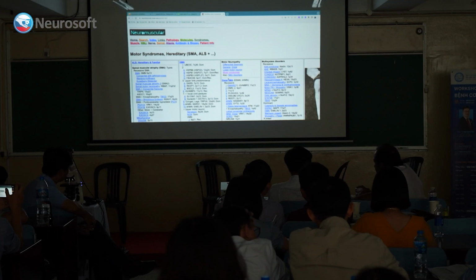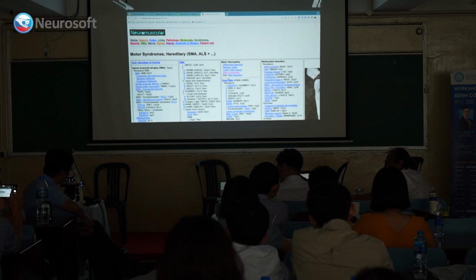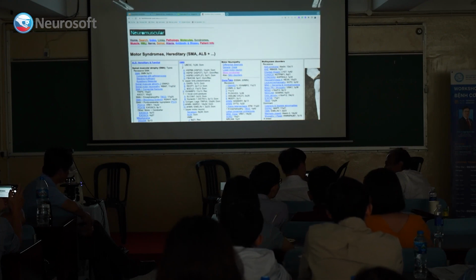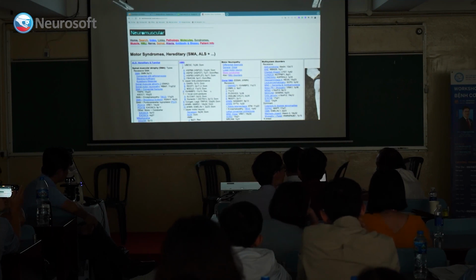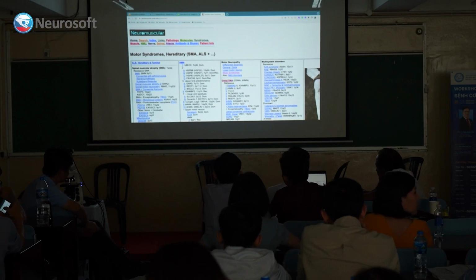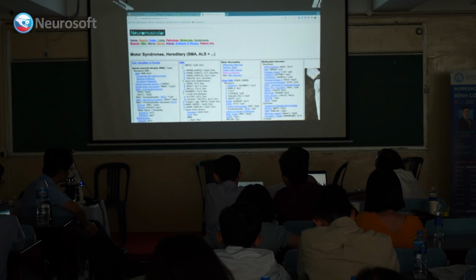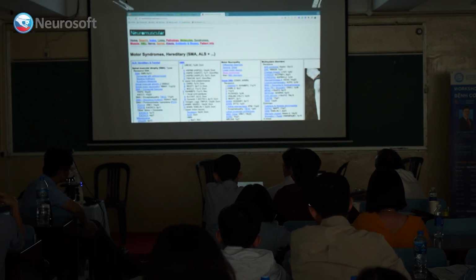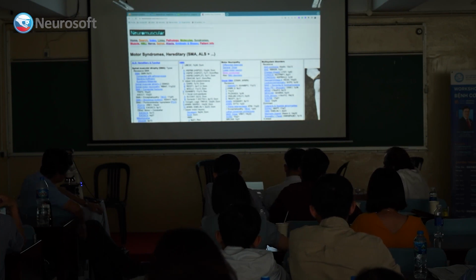It's very confusing because the CMT people call it pure motor CMT, and the motor neuron disease people call it distal SMA, right? But I think probably they are the same. So we have distal SMA 1, 2, 3, 4, 5, and then we have hereditary motor neuropathies. I find it difficult to sort out these things, to be honest.